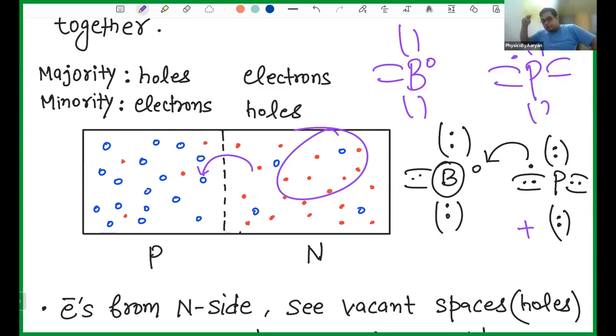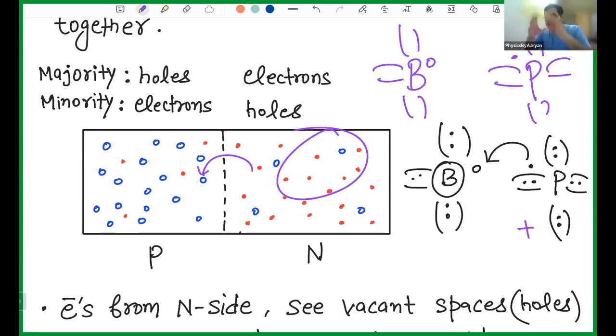That 5th electron wants to make an additional bond. Phosphorus is saying to the silicon, please make 1 more bond with me. But silicon is saying, I cannot make 1 more bond. I can only make 4 bonds with you, because silicon has 4 electrons, but phosphorus has 5 electrons. So phosphorus's 5th electron wants 1 more bond, but it cannot make it.